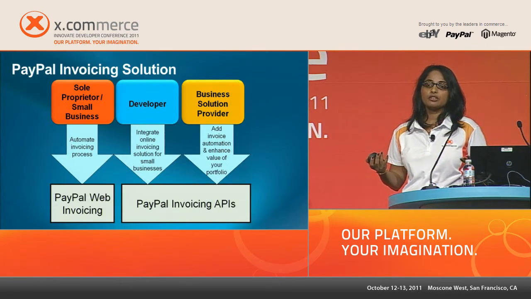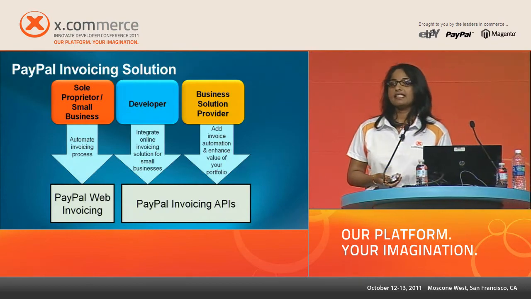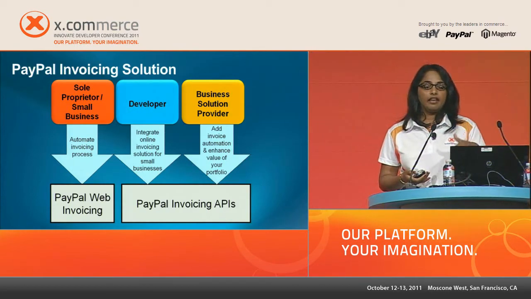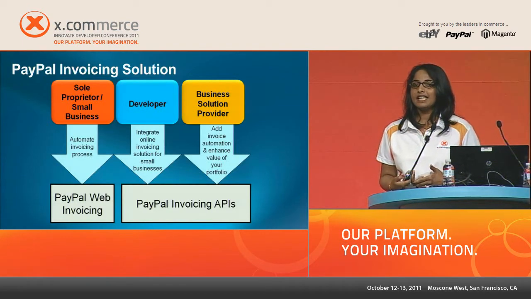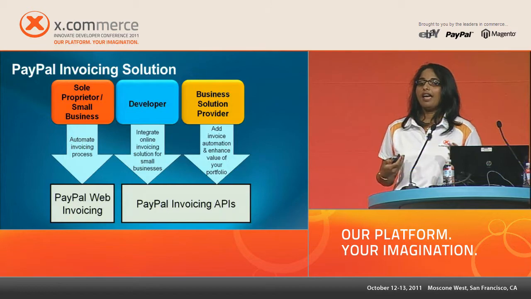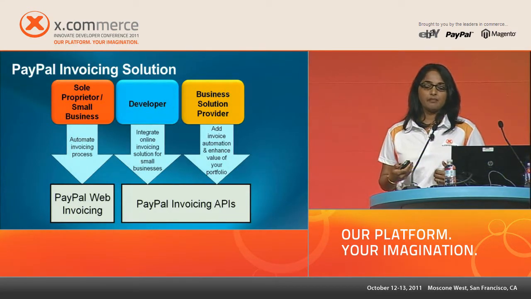So we want to make sure that as a sole proprietor's business scales and they start issuing more invoices and they have a bigger, larger business, they can stick with PayPal and they can use our automated solutions by tapping into our APIs.